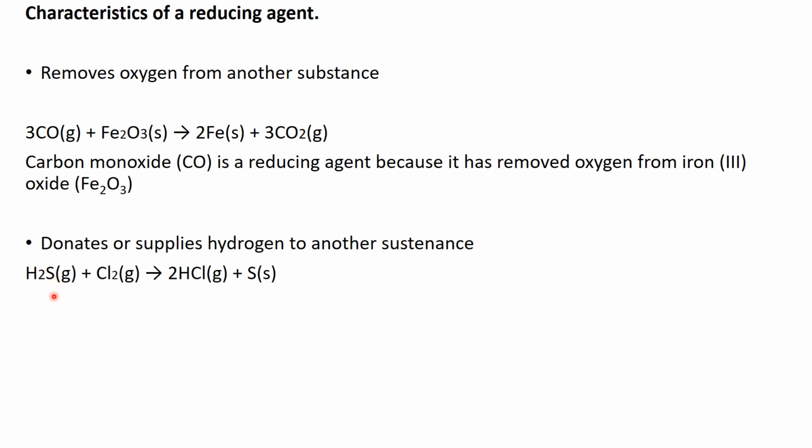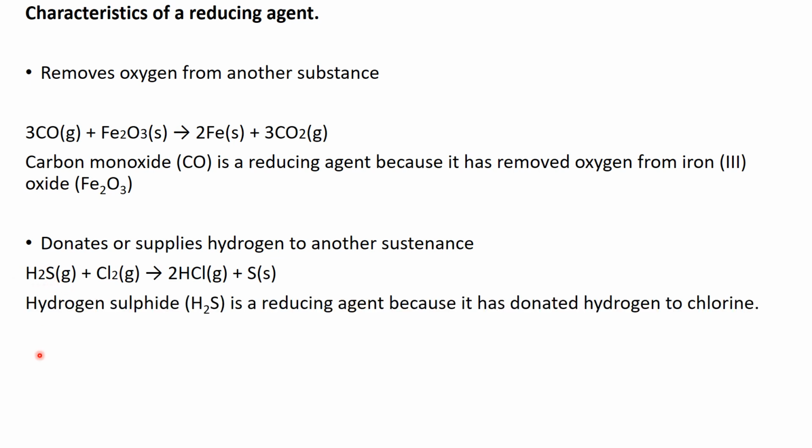But if we look at it in terms of reducing agent, hydrogen sulfide donates hydrogen to chlorine. So hydrogen sulfide is a reducing agent. The last characteristic is that it donates electrons to another substance.